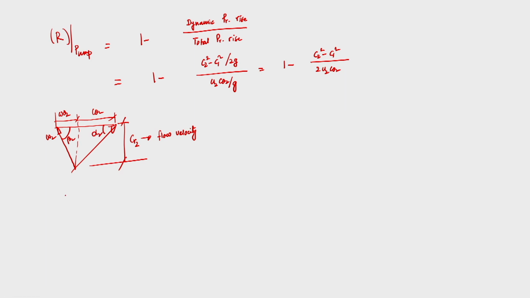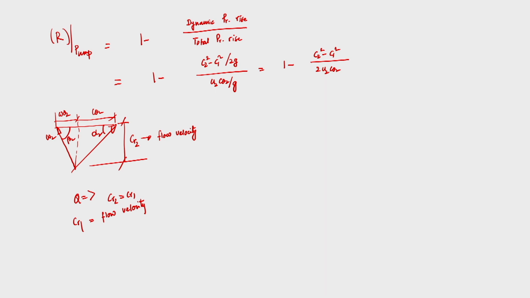Since the flow rate Q through the impeller is the same, CR2 will be equal to CR1, where CR1 is the flow velocity at the inlet. Flow through the rotating impeller is as if flow through a convergent divergent part, so the flow rate has to be the same.